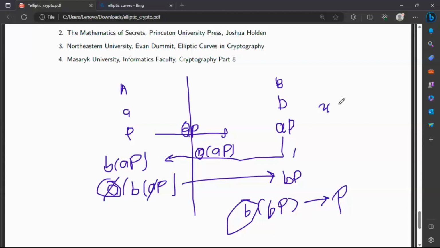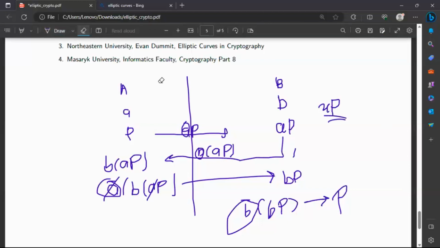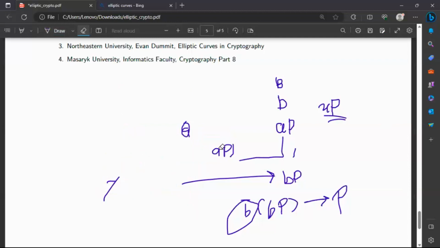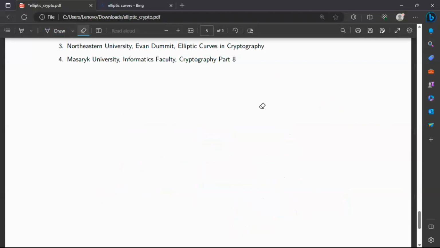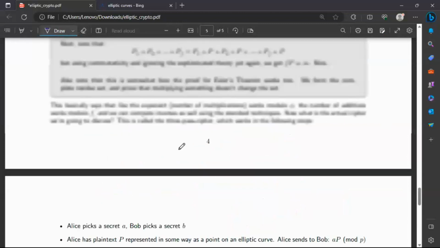So, if we have XP, the attacker will have to add P to itself so many times until he actually gets XP. And again, the elliptic curve discrete logarithm problem makes things a lot more difficult for the attacker, which is very nice for us.